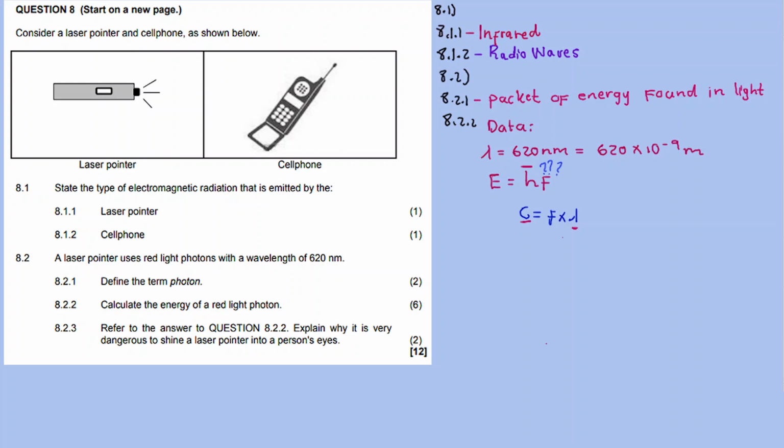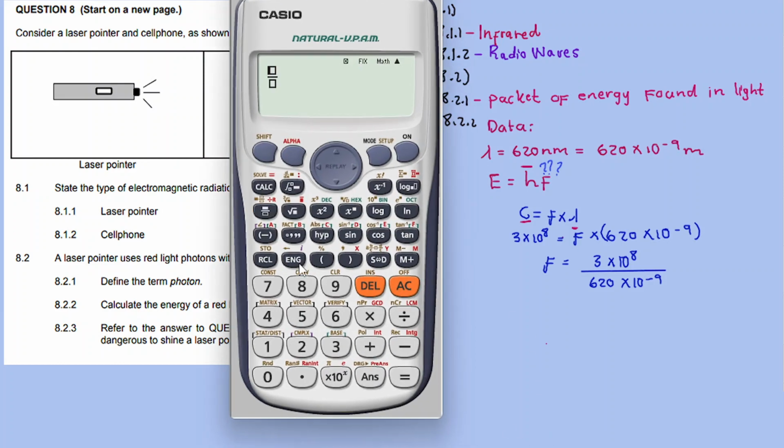Let us substitute the two values, dividing both sides by 620 times 10 to the exponent minus 9: 3 times 10 raised to exponent 8 divided by 620 times 10 to the exponent negative 9.